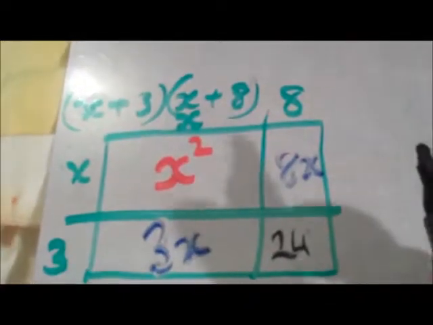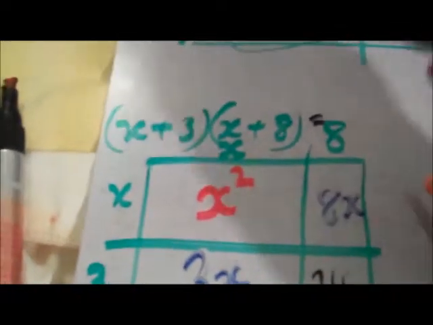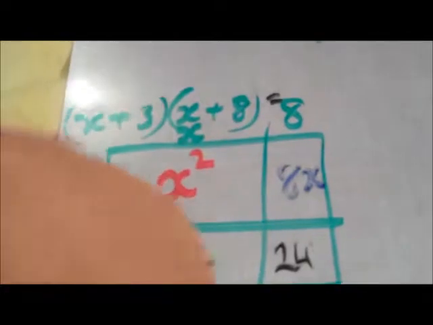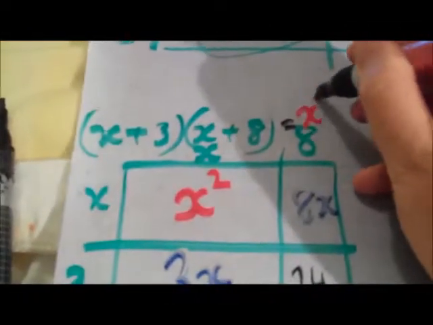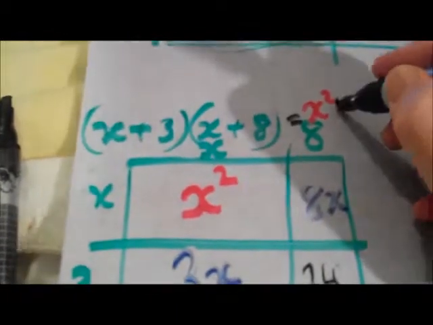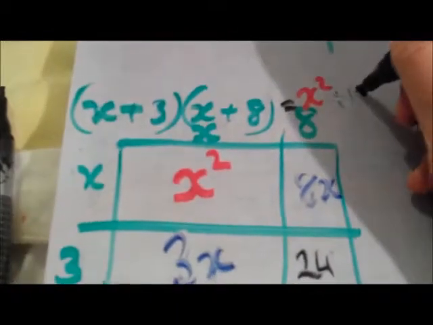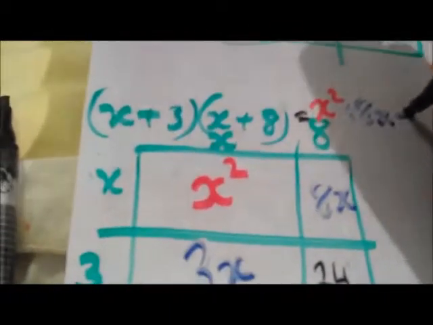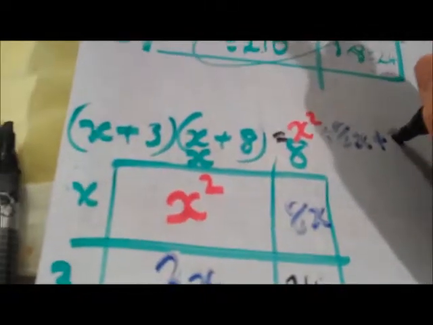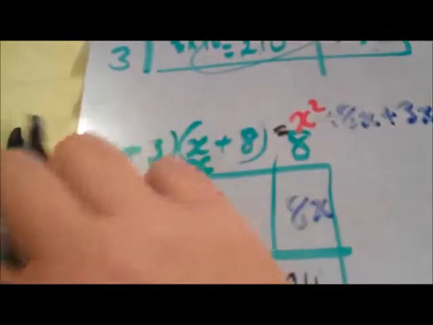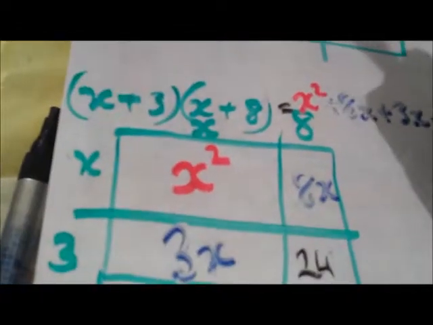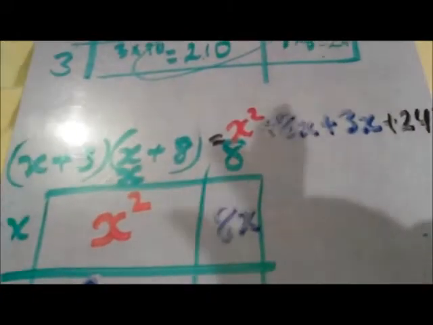So when I actually work that out, the answer to that is x squared plus 8x plus 3x plus 24. Now the only ones that I can simplify there are the 8x and the 3x.